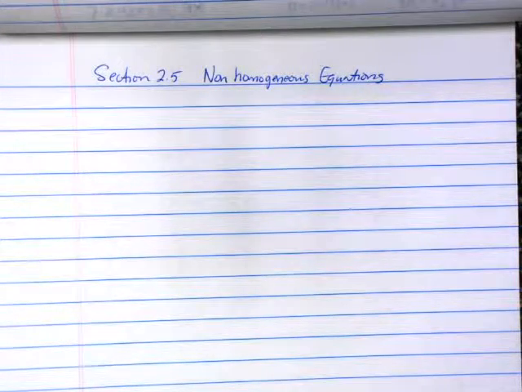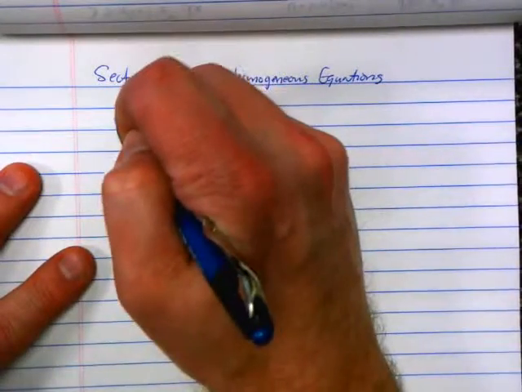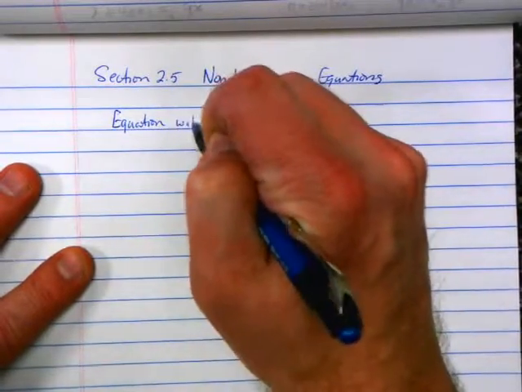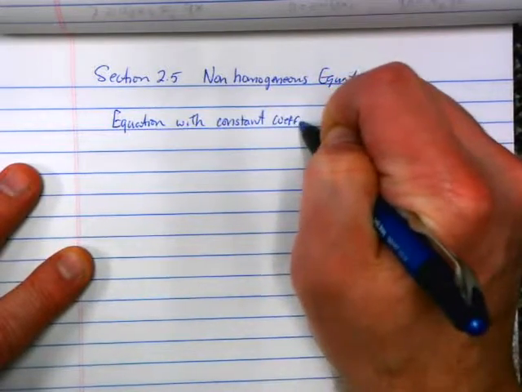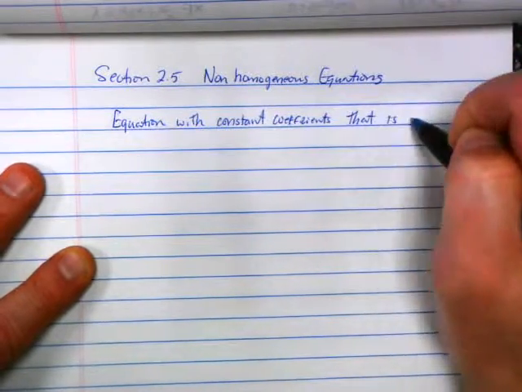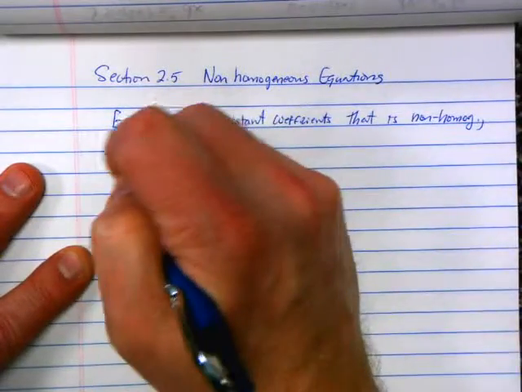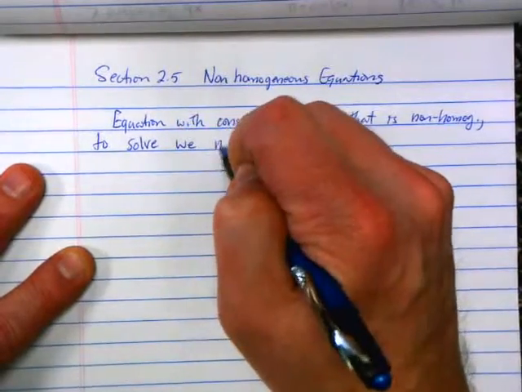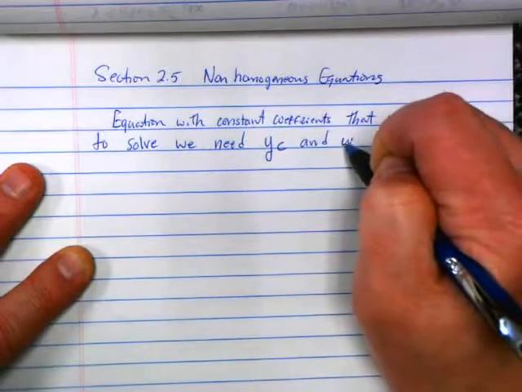Section 2.5, non-homogeneous equations. All right, well, we know that if we have an equation with constant coefficients that is non-homogeneous, to solve, we need y sub c and y sub p.